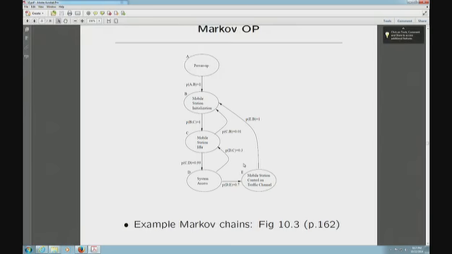So essentially, what I did here is consult expert opinion about how likely this transition is, how likely that one is, how likely people are going to make this choice.